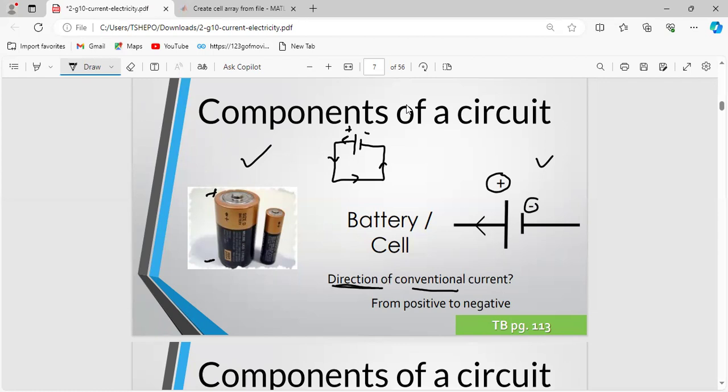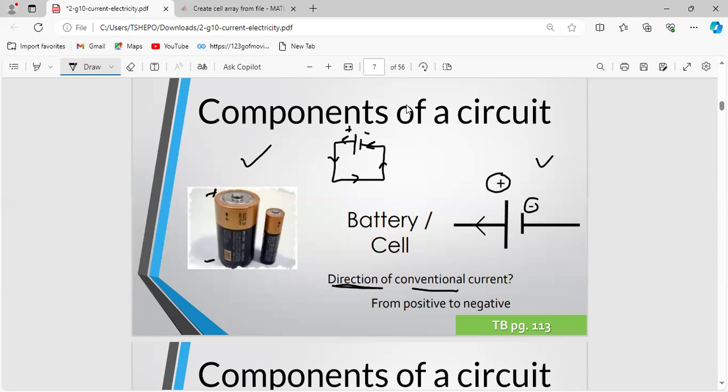So now in this circuit, the current will always move from the positive terminal. There is the flow of charges in a circuit until it gets into the negative terminal of a battery. So that means the current will end where it started. It started from the battery, and it goes to the battery once more.